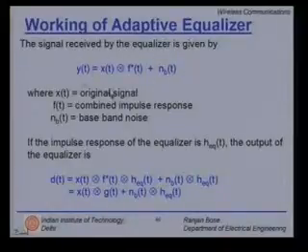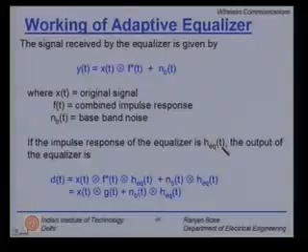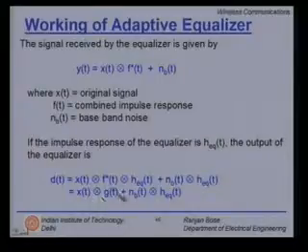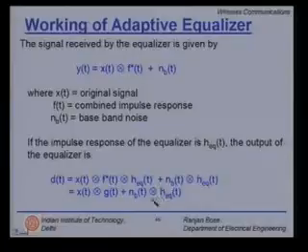Everything is analog in time domain. And we saw that if the impulse response of the equalizer is h_eq(t), the output of the equalizer is simply given by this equation: x(t) convolved with an effective g(t) plus n_b(t) convolved with h_eq(t).